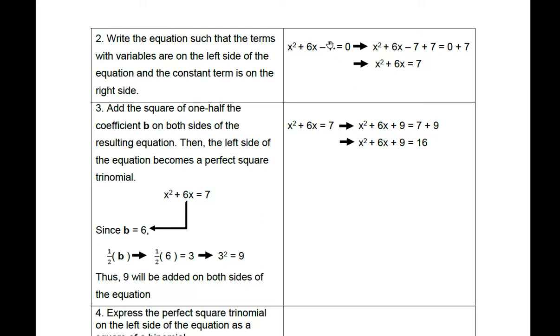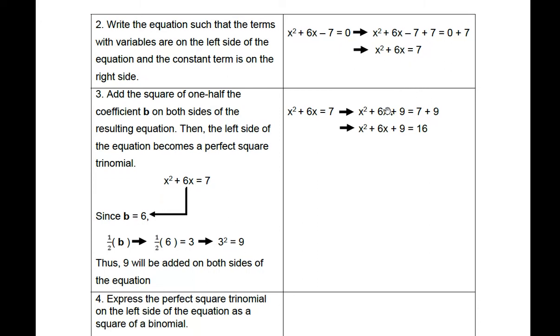Ito the value of c. The value of c is negative 7. So transpose natin sa kabila. So we just copy the x squared plus 6x equals 7. So negative 7 magiging positive, using the additive property of equality dito. So after matranspose natin is follow the third step.